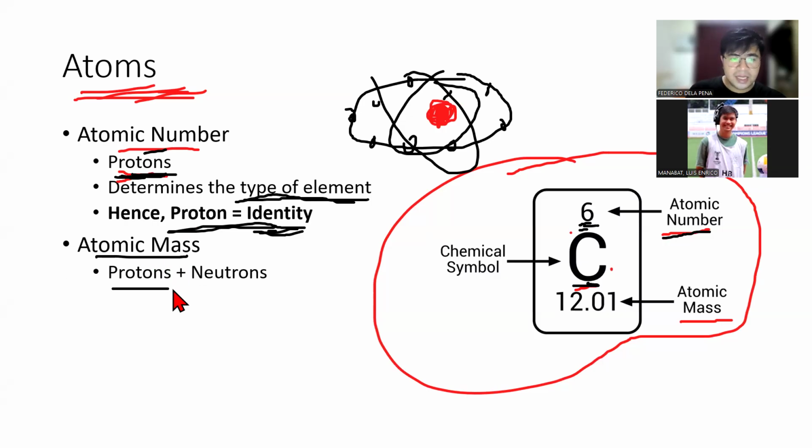Atomic mass is the number of protons plus the number of neutrons per atom.